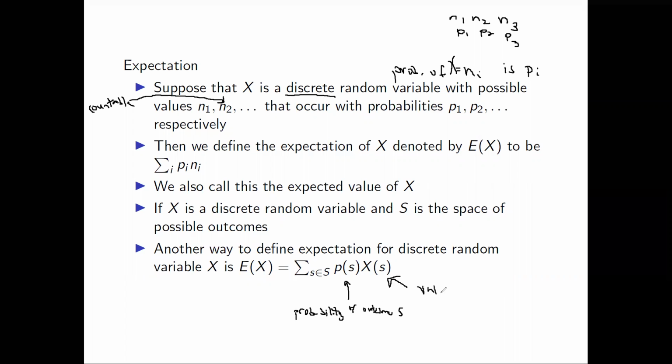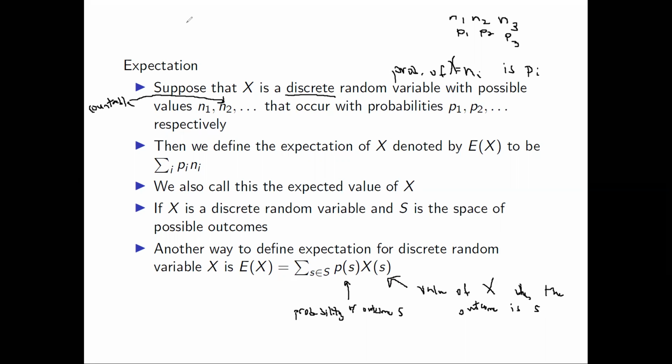This is the value of X when the outcome is little s. So we can also define the expectation this way.